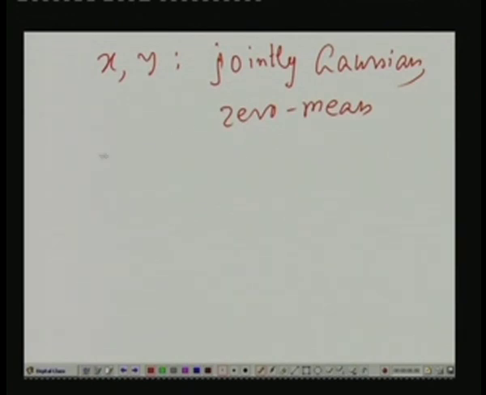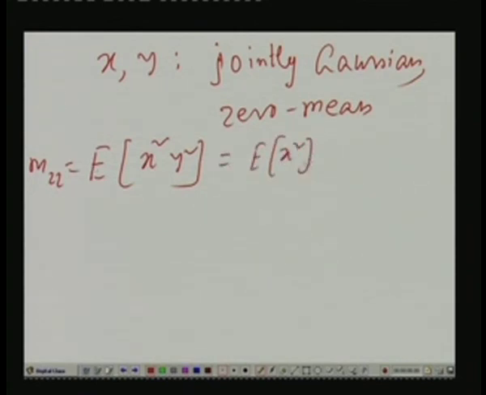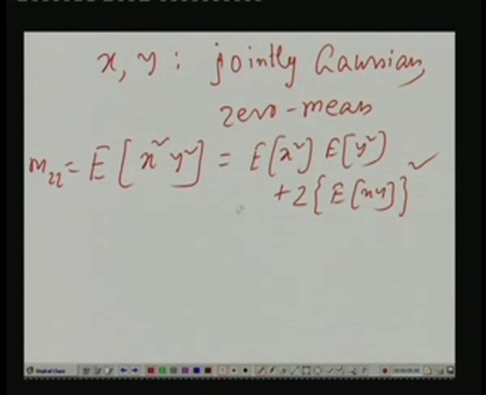We have to show that E x square y square, which is nothing but m 2 2, is nothing but E x square E y square plus twice E x y whole square. Or you can also say equivalently sigma x square, after all the mean of x is 0.